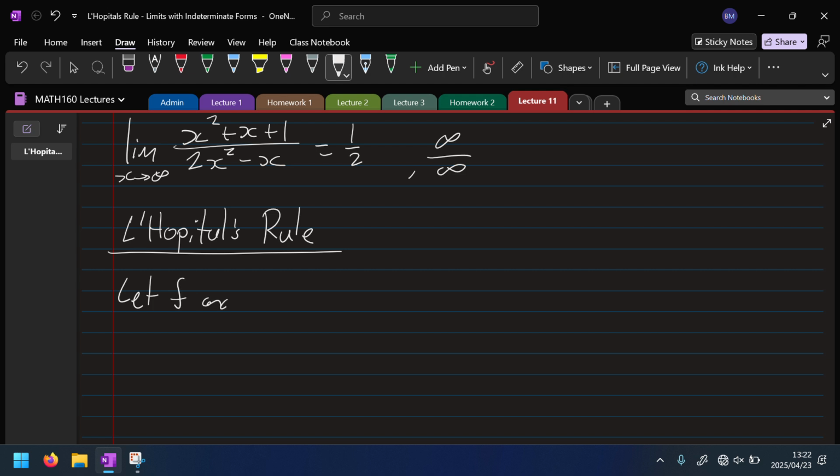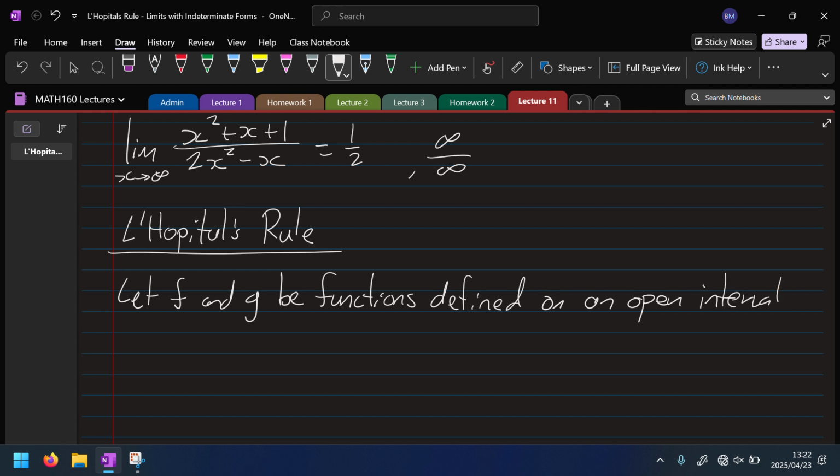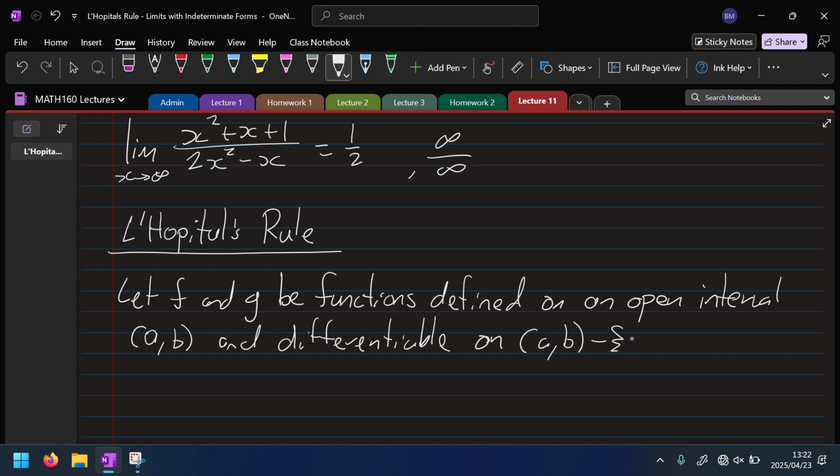Let f and g be functions defined on an open interval (a, b), and differentiable, so we know what that means, on (a, b), but possibly without a point c.